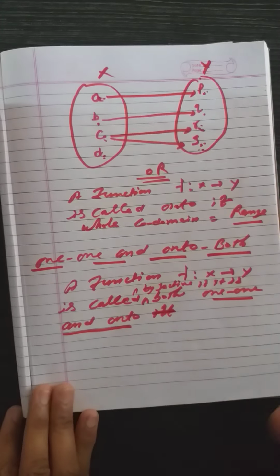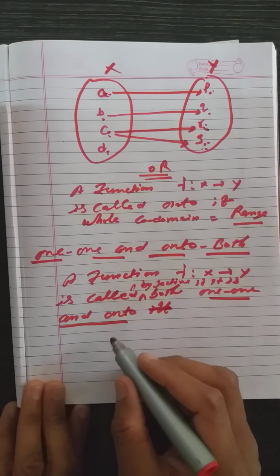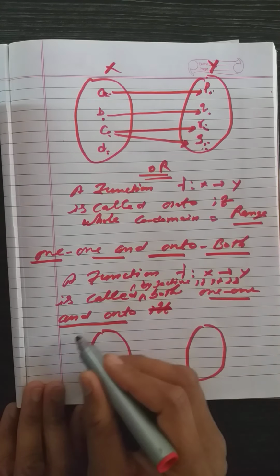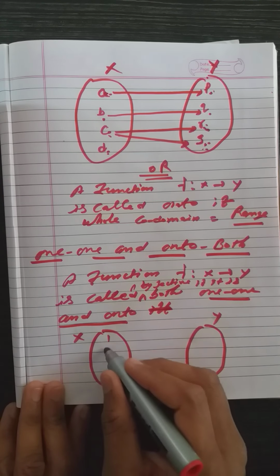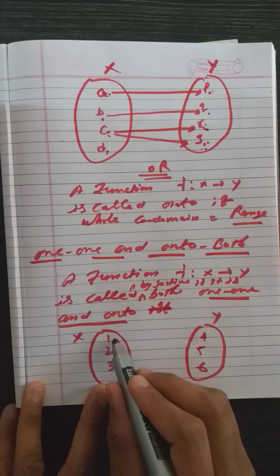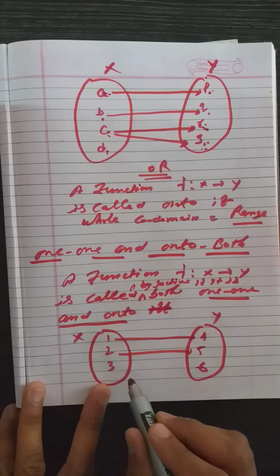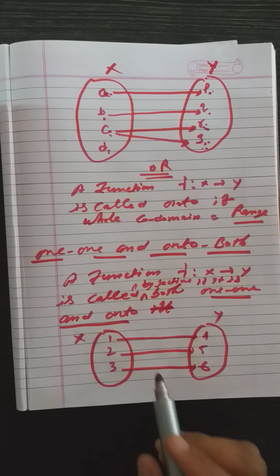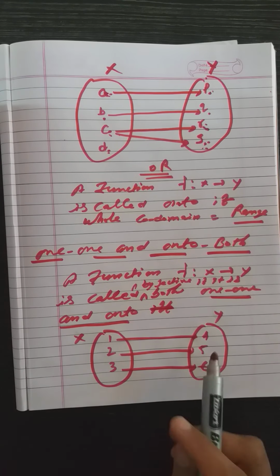Let us see it with the help of this diagram. X, Y, with elements 1, 2, 3 and 4, 5, 6. The image of 1 is 4, the image of 2 is 5, the image of 3 is 6. This is one-one and onto both, because each element has a unique image.